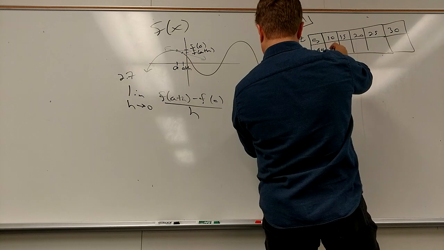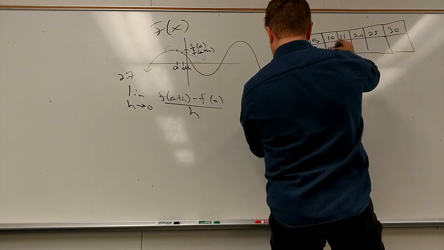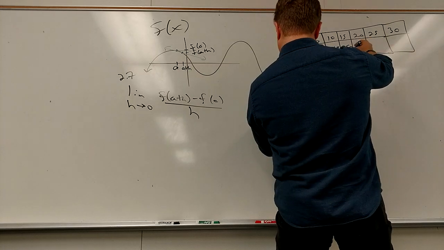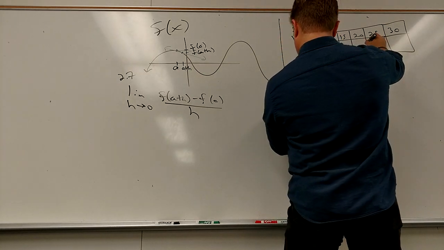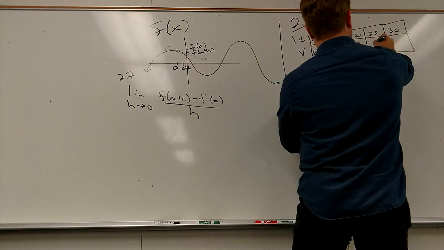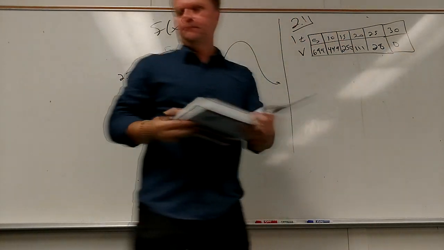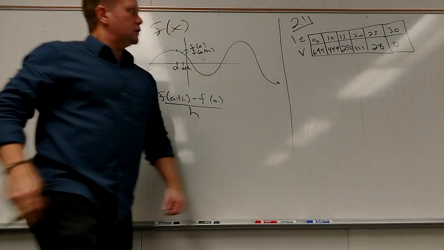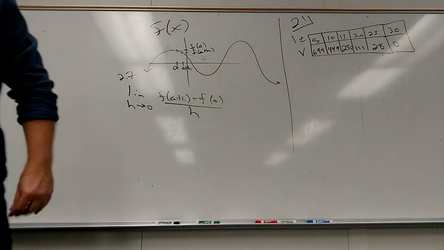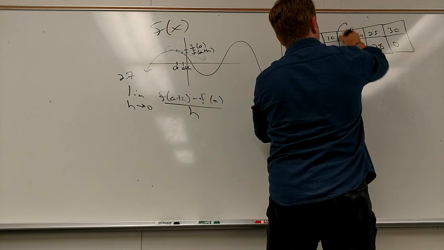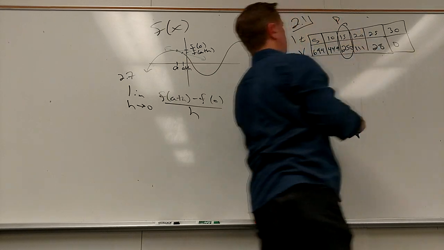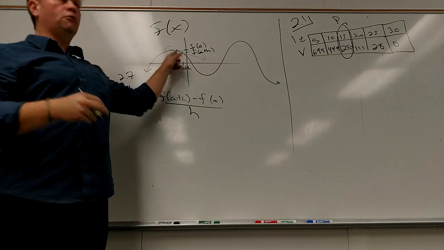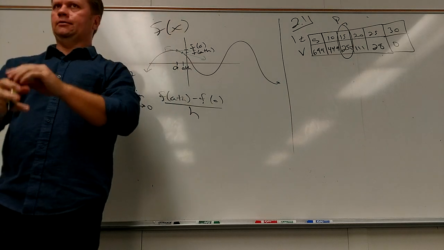If you have your book, you can see this problem, just in case you don't have it. I could have put it on the overhead, Jeff, but it's too late. You're invested now. There you go. So for this problem, they're calling this guy point P. And that's kind of like the point that we want to know the slope at.